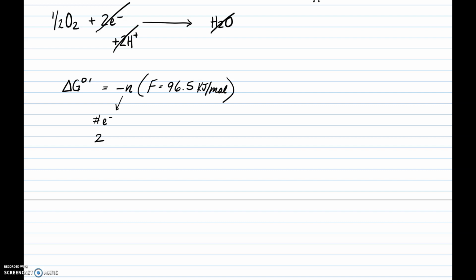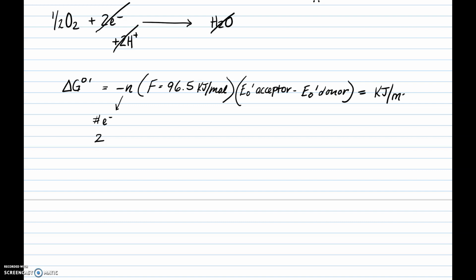And then the change in E0 prime, which is always going to be your E0 prime acceptor minus E0 prime donor. Okay, so just make sure you follow the order of operations, and you should have no trouble.